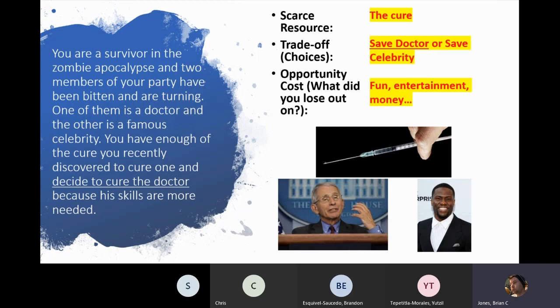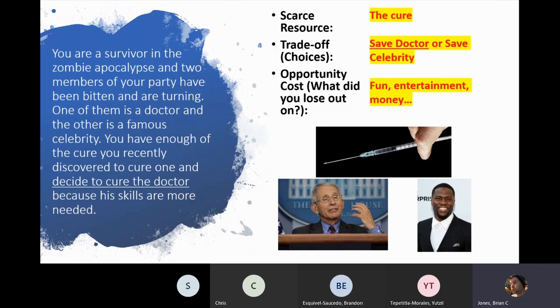So here, our scarce resource, the reason we're having to choose, is obviously the cure, right? So the cure for this zombie virus is what's scarce. We only have one dose left, but we got two people that need it, so you got to choose, right? So you got to evaluate the trade-offs here and think about, well, if we save the doctor, we gain this. If we save the celebrity, we gain this.